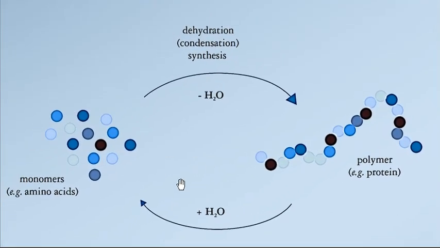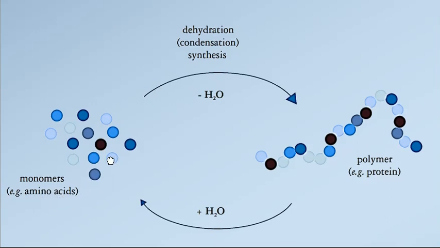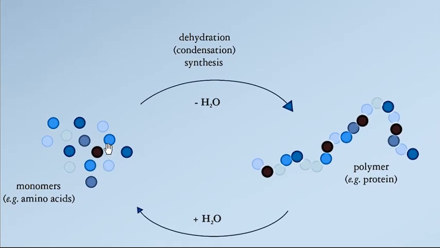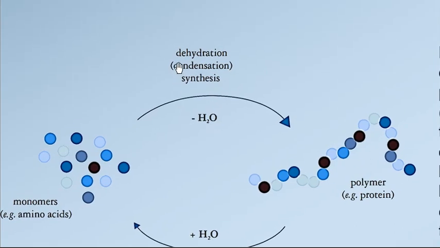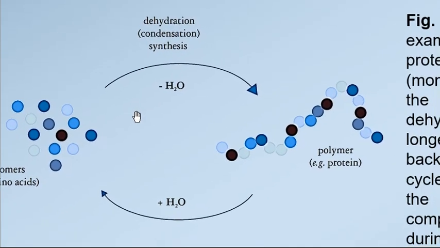So here, for example, as monomers we have amino acids that release one molecule of water, that is dehydration, so they can be condensed to make a polymer of 100,000 or sometimes millions of amino acids.